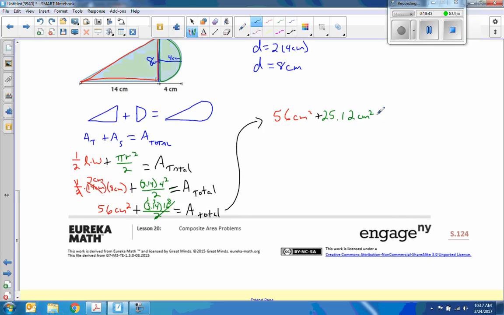And that equals the area total. Now I just have to add everything up. We have a decimal on one but not the other, so I can just write this. 5 plus 6 is 11. 5 plus 2 is 7. Plus 1 is 8. So my total area is 81.12 centimeters squared.